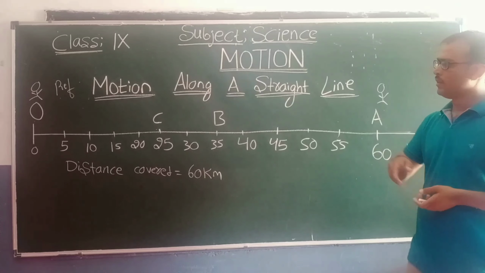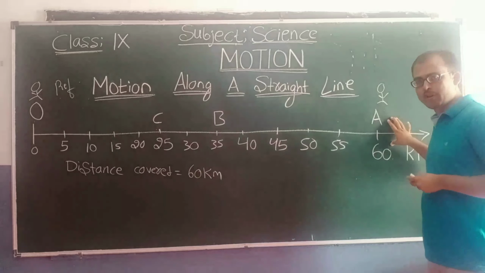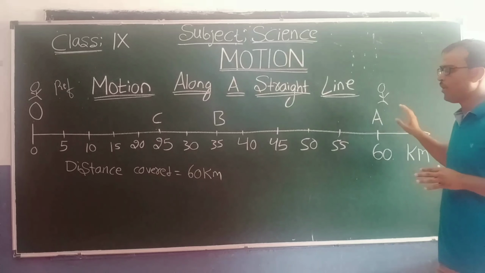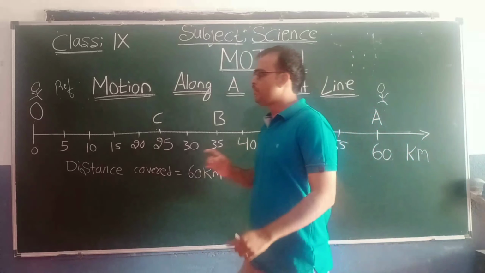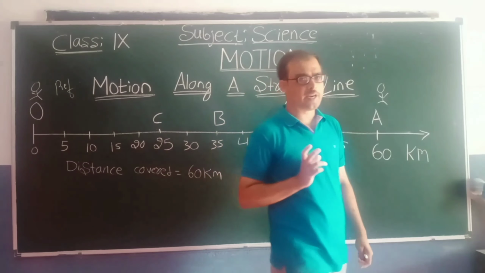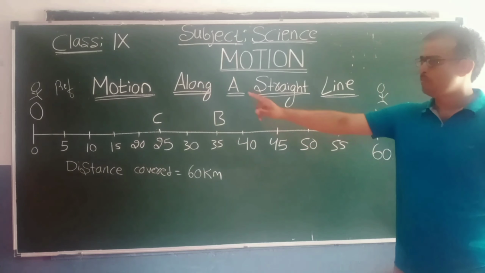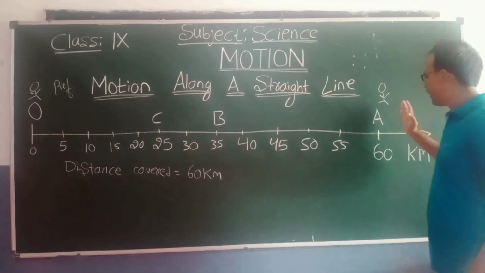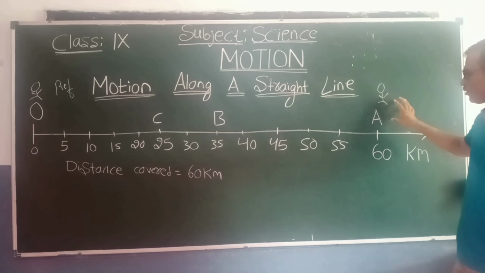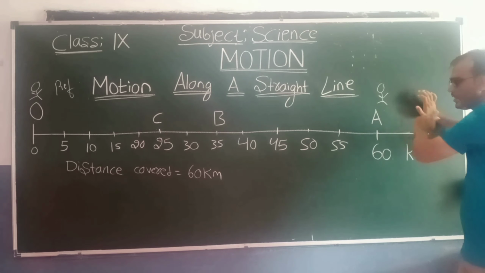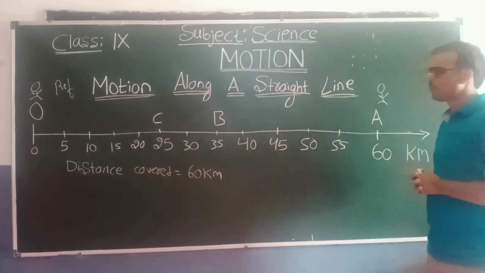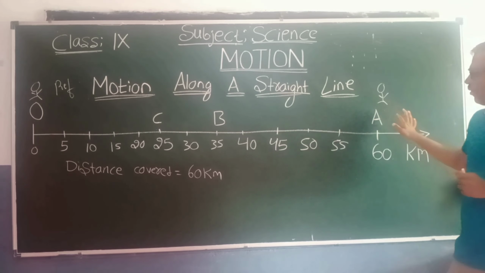So in the first situation, this is the final point, and the initial point is O. He has started his journey from O, and he has ended his journey at A. So the initial point is O and the final point is A. What is the distance between O and A?